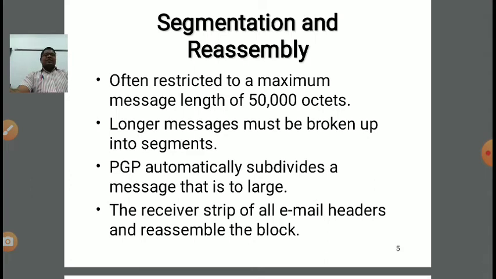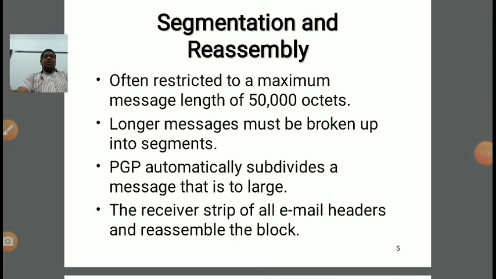Larger than that we cannot send at the same time, so longer messages must be broken into segments. The different parts of the original message are called segments, right?